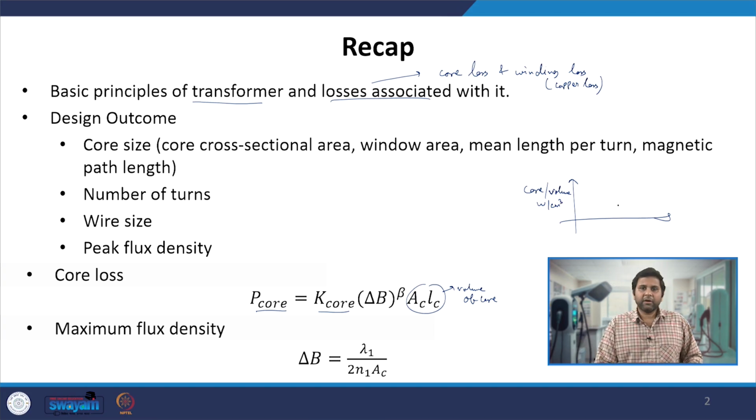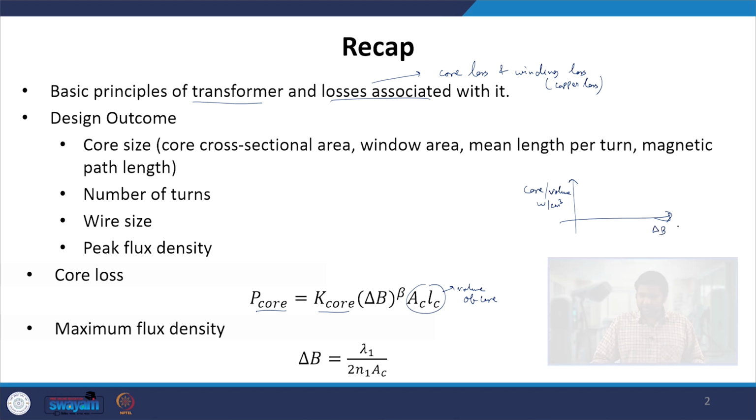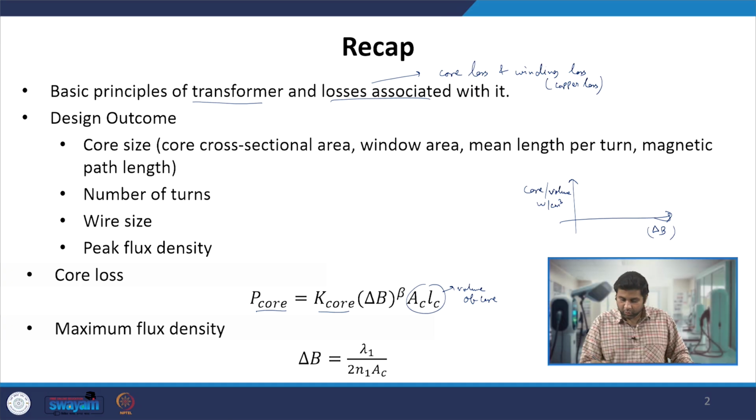It is generally a logarithmic curve where both the x and y axes are logarithmic, and on the x axis we have delta B, which is the peak of the AC magnetic flux density. For different delta B you get different core loss per unit volume, and this curve is plotted for different frequencies.